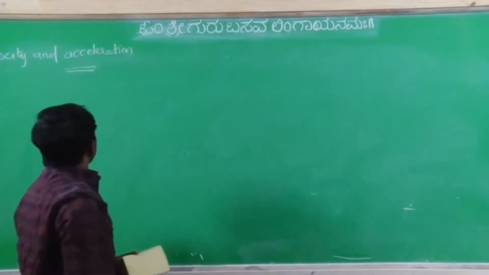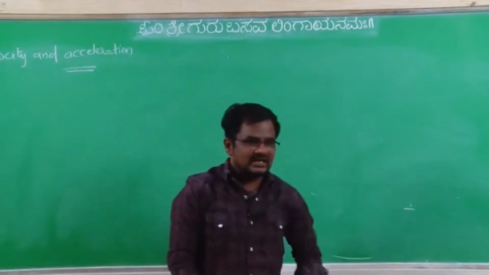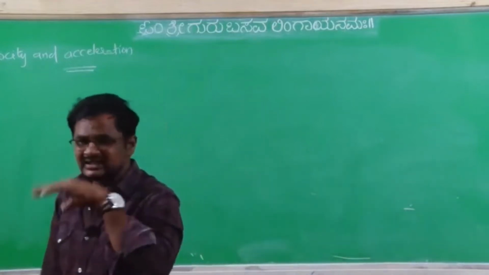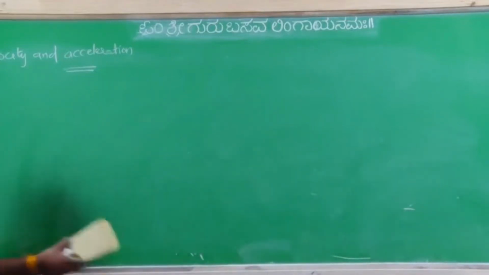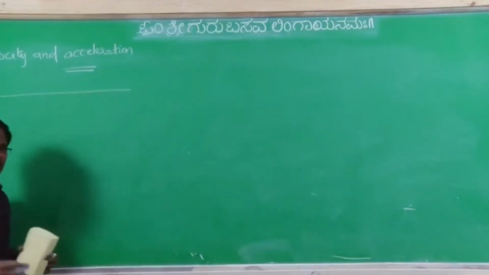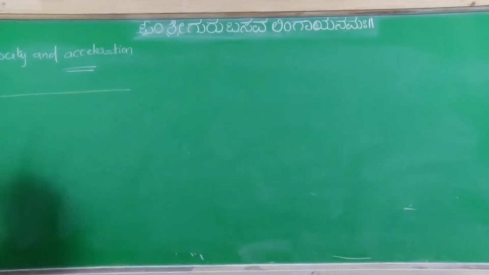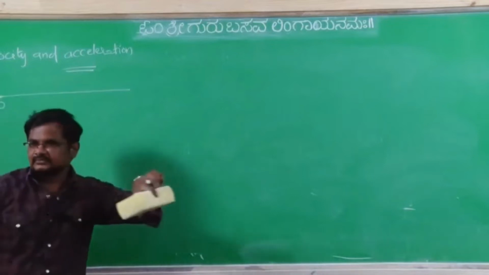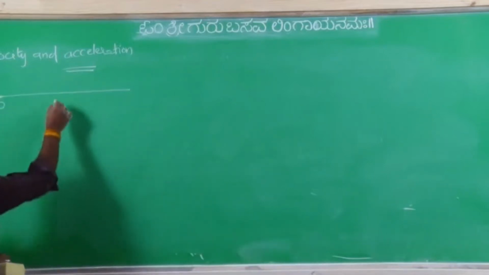Next, velocity and acceleration in a rectilinear motion. Suppose a particle is moving on a straight line. Let O be a fixed point on the straight line.